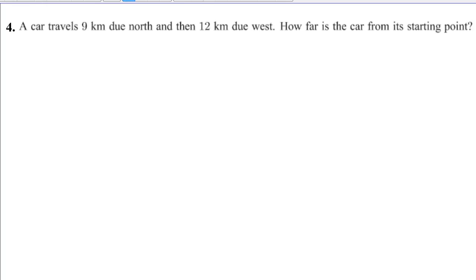Next question. A car travels 9 kilometers due north and then 12 kilometers due west. How far is the car from its starting point? Now, you have to remember your compass bearings.